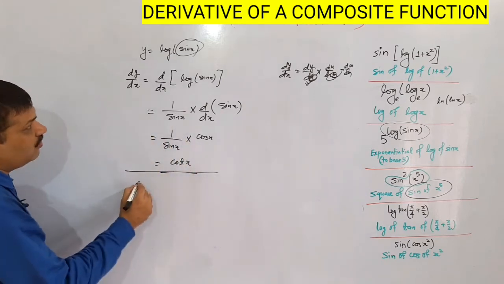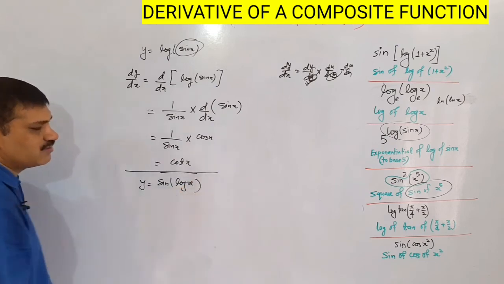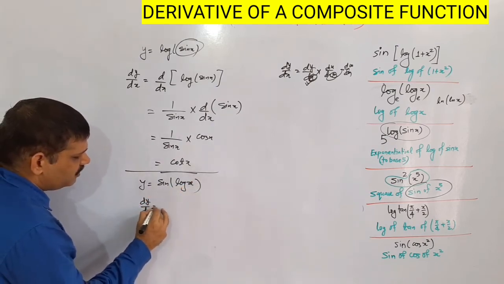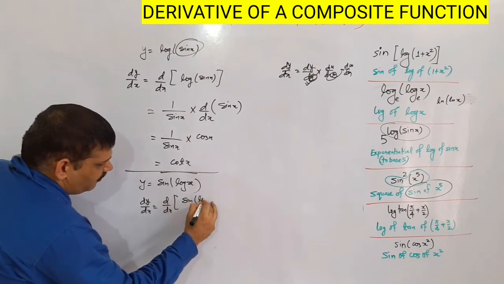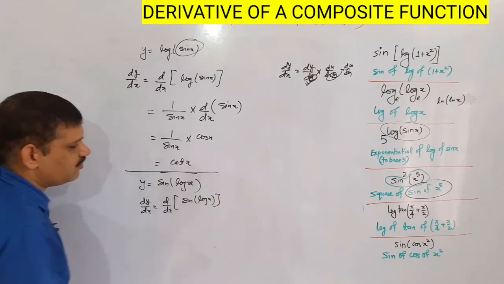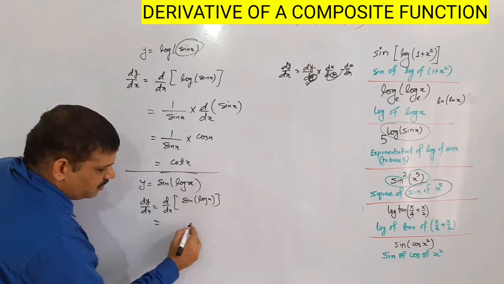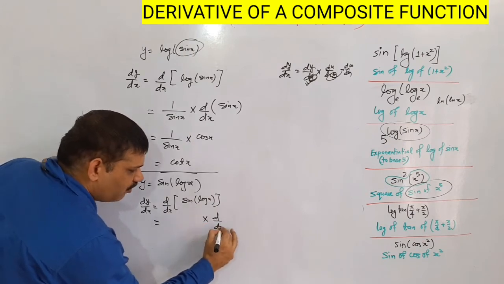The second one was y is equal to sine of a variable, sine of log x. So on differentiating, the derivative of y with respect to x, I am simply writing derivative of this whole, sine of log x. Now we must try to read it. Sine of a variable. The derivative of sine of variable is cos of the variable into the derivative of that variable.